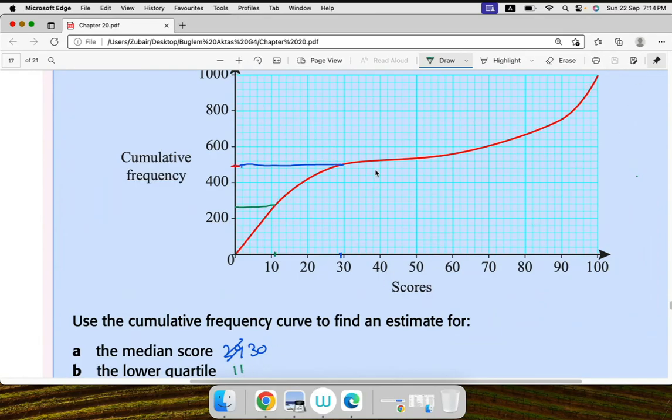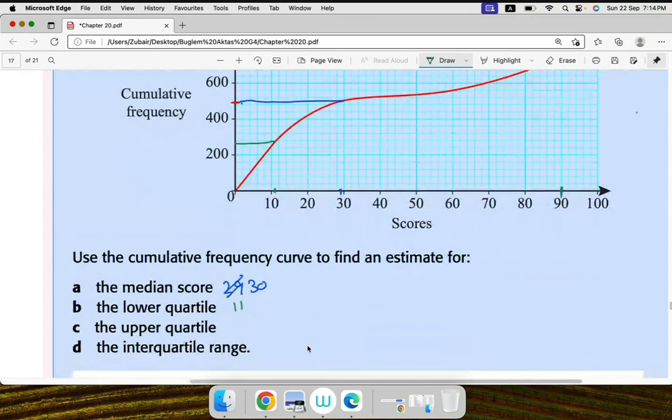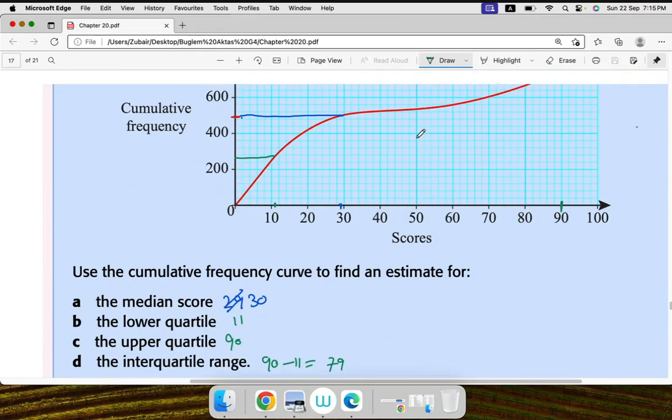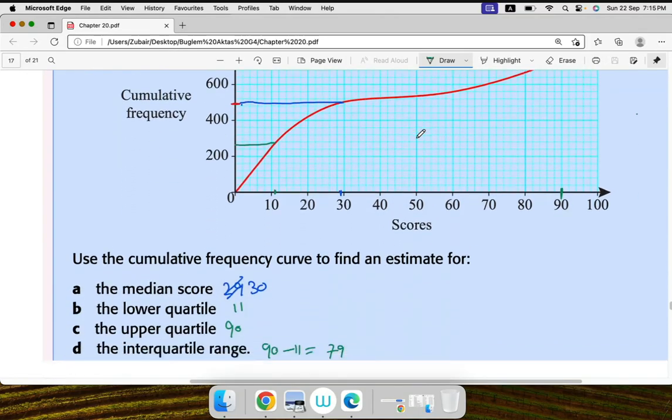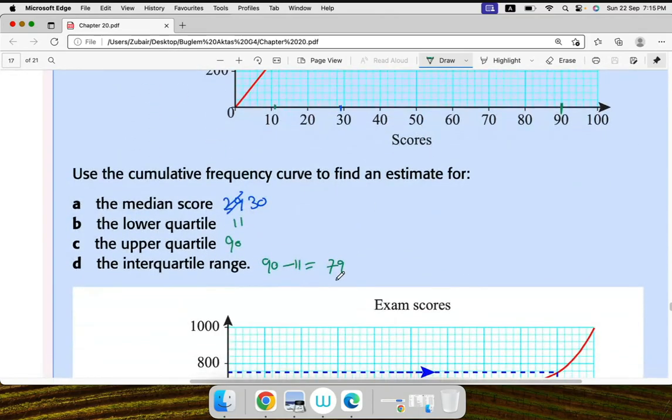And upper quartile would be 750, between 600 and 800, somewhere around here, which makes it 90. So interquartile range is 90 minus 11, 79. Now these were scores of 1,000 students, and 50% of them lie within 79.